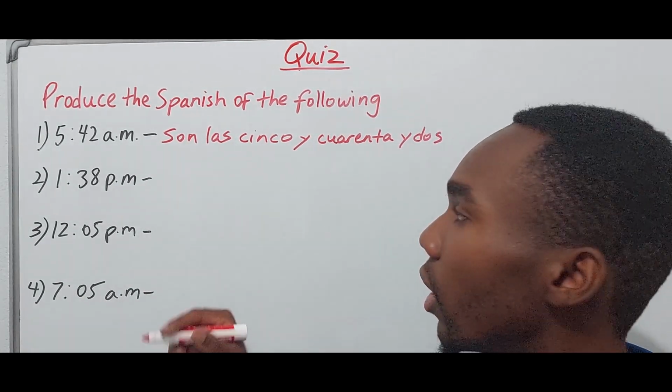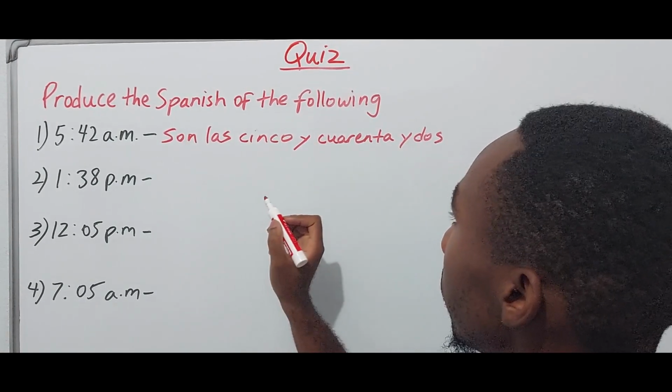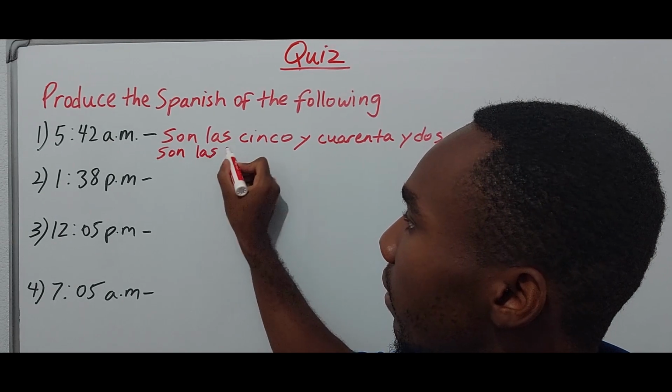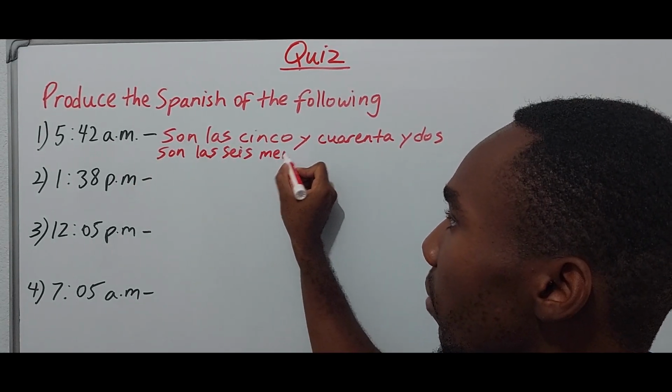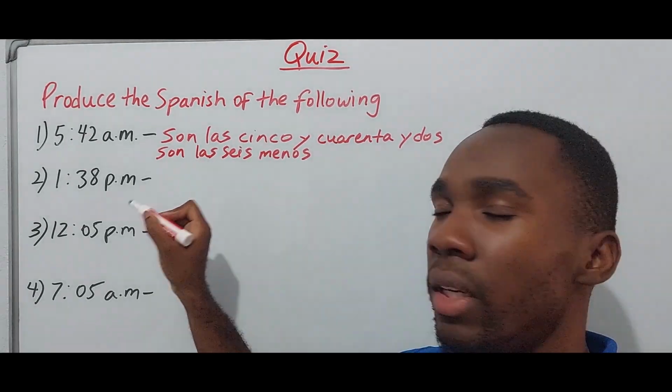I could also use the countdown method. So what would be the next hour? 6 o'clock, right? So I could say son las 6 menos. So how many minutes until 6 o'clock is reached? 18.